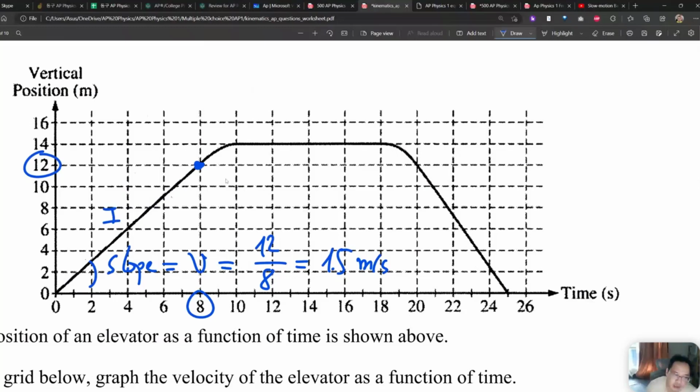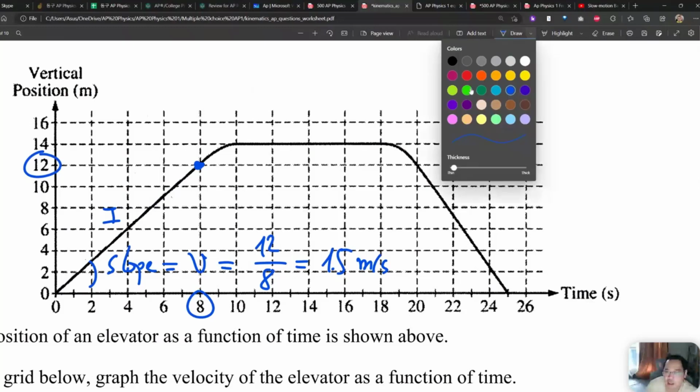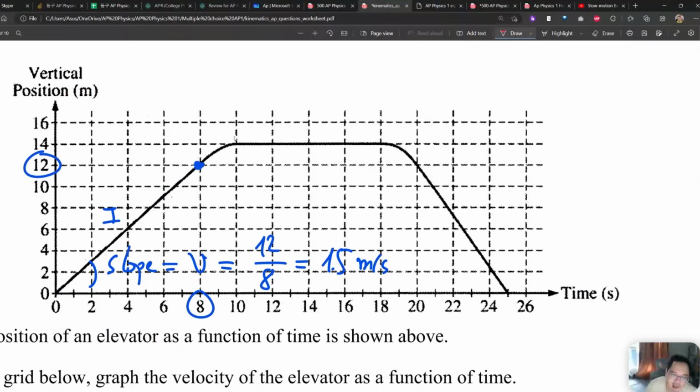The second part, I will change the color. This part is an upside-down parabola. It means that this is deceleration, slowing down.